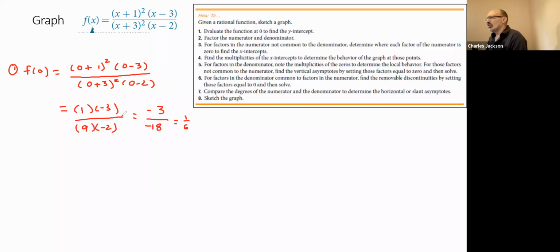Okay, so the y-intercept is the point 0, 1/6. So we have a point that we can put on our graph.